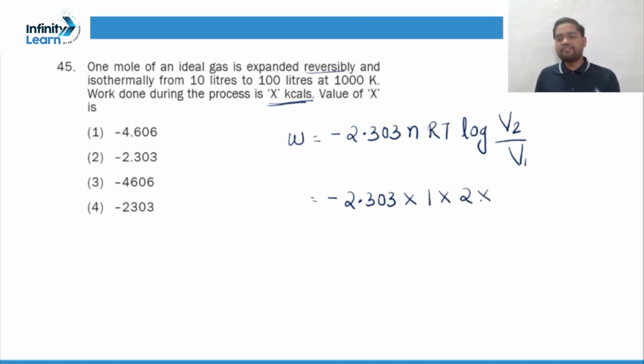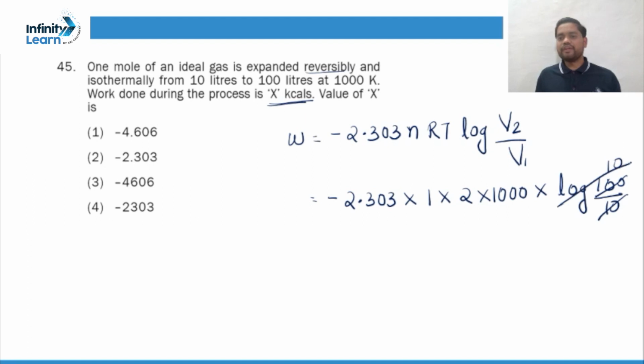Since it is in calorie, we have to multiply it by 1000 to make it kilocalorie, because X is given in calories, right? Into log of V2 by V1. What is V2? It is 100 by 10.